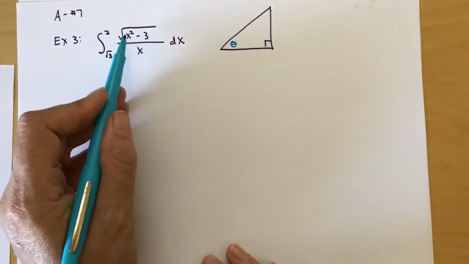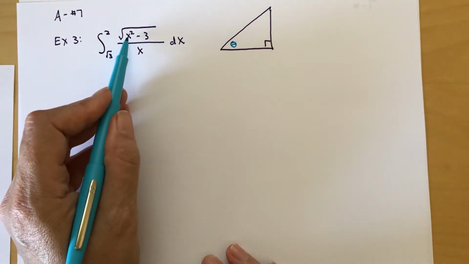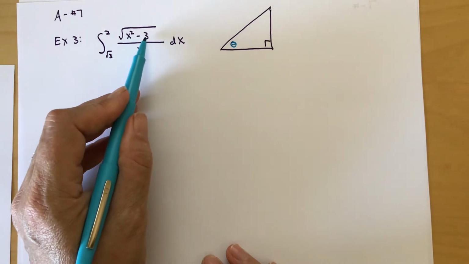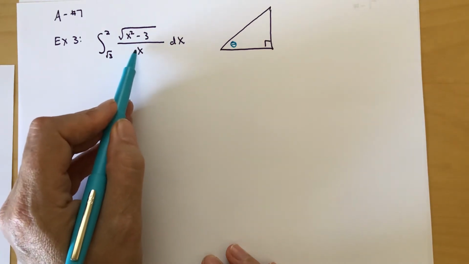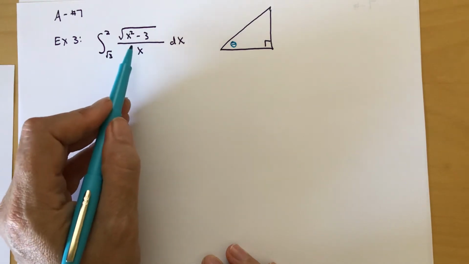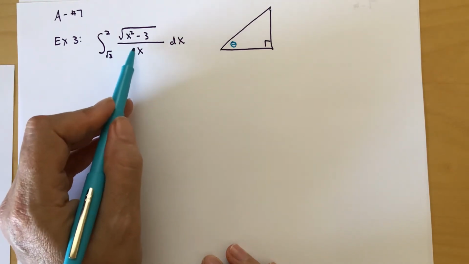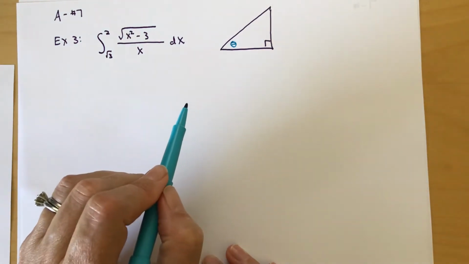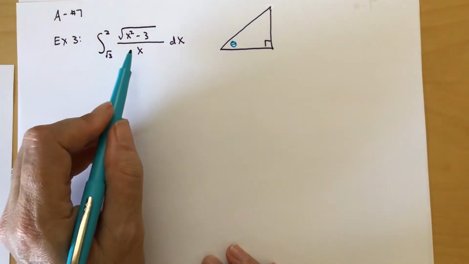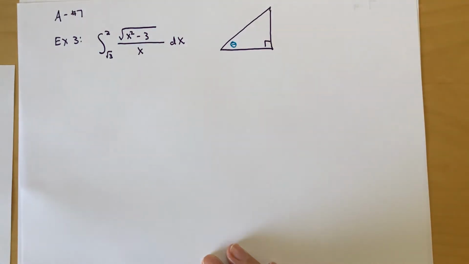You might think a u substitution could work, but if you let u equal x squared minus 3, then your du is 2x, but it's in the denominator. If this was flipped around, then it would be okay to use a u substitution, and you should. Don't do a more complicated integration technique than necessary, but in this case you definitely will need a trig substitution.